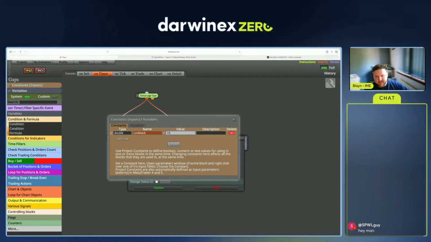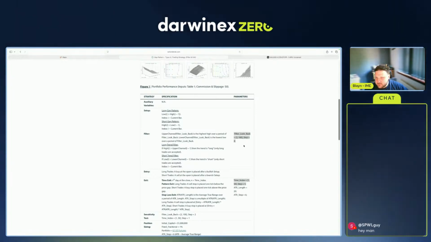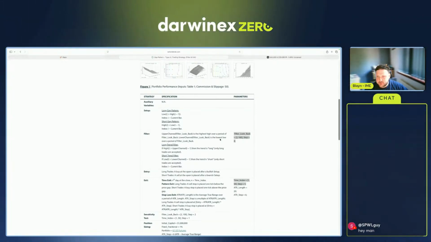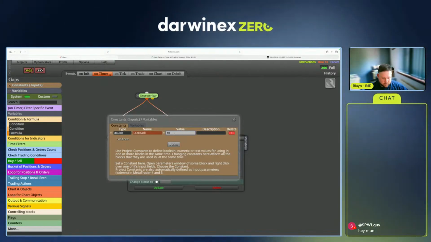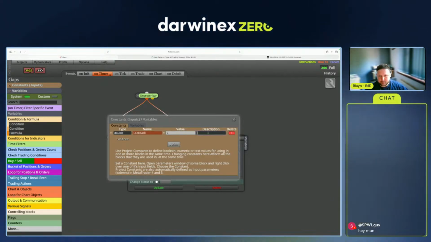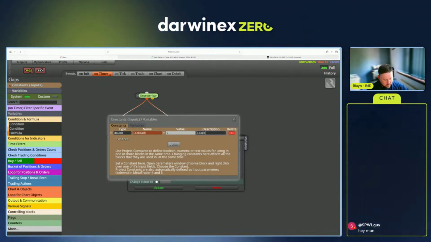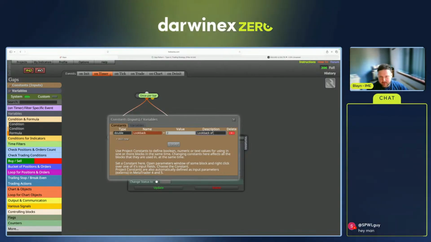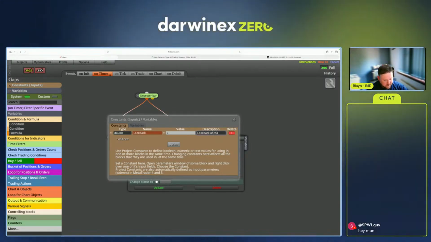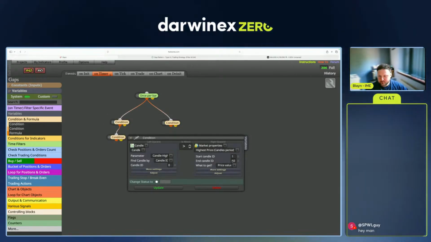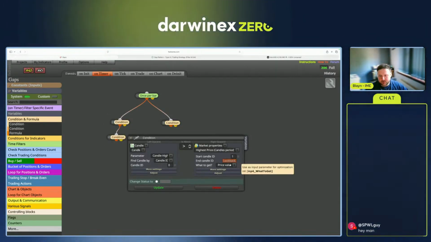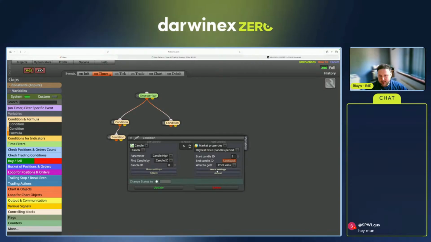Let's just put 10. What's it optimizing back to? So it's optimizing in look backs of 2 to 100. So we can do the exact same. So we'll stick it at 2. Look back of channel. Easy enough. So then we'll make this a constant.